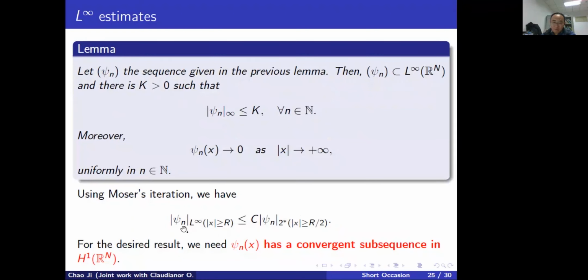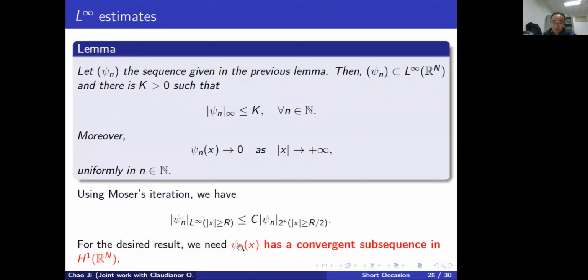If for every n this is small, if R is big enough, this is small enough. It's trivial. But for n uniformly, for every n uniformly, it's hard.